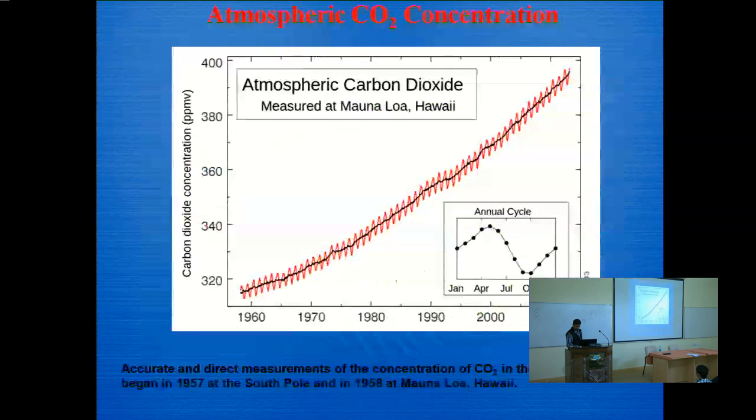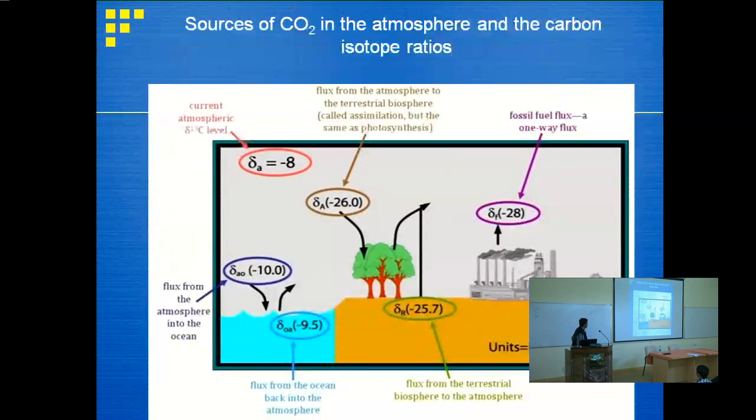If you have respiration taking place from a plant, the composition which comes out is around minus 26 per mil. If you have coal or fossil fuel getting combusted, like a power plant, it gives a composition of minus 28. When you compare this to the atmosphere, it is minus 8. So there is a large difference between these two.